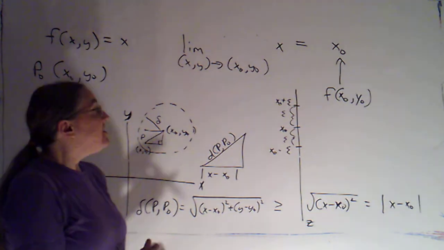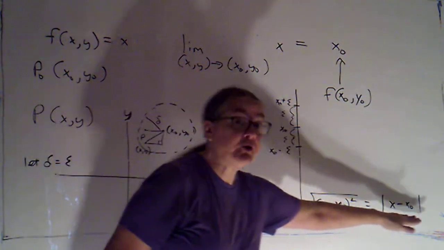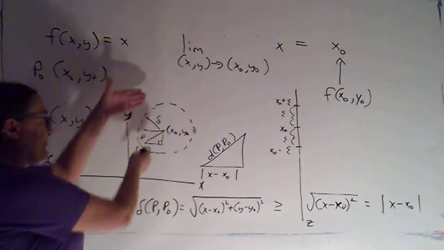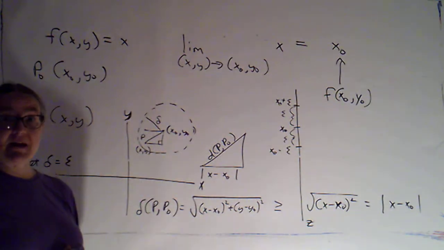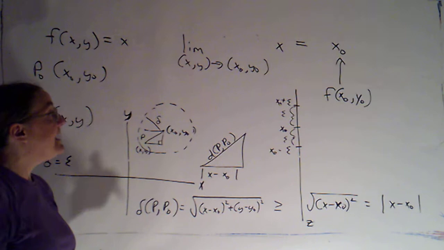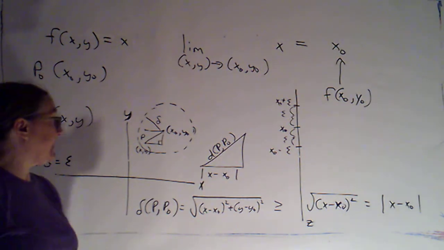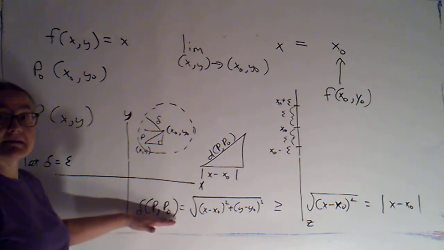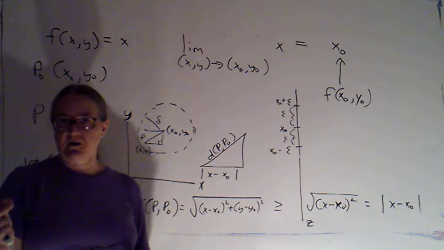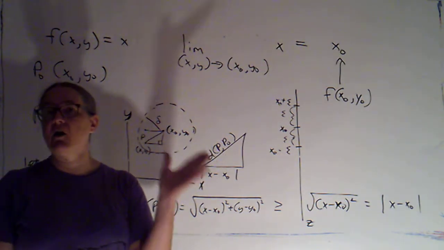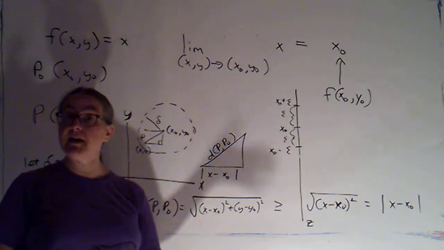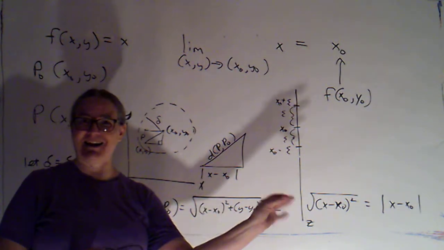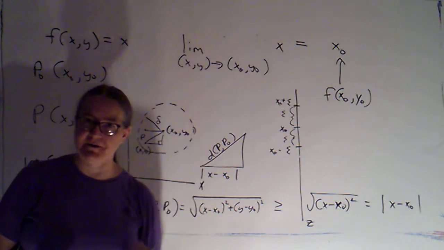Okay. So, this algebra here supports the informal arguments I was making with the pictures, that if I choose my delta to be epsilon, if I suppose that I pick a point so that this is bigger than 0, that just says don't pick the point P naught, because for the purposes of taking the limit, I don't care what happens at P naught, I care what happens close to P naught.